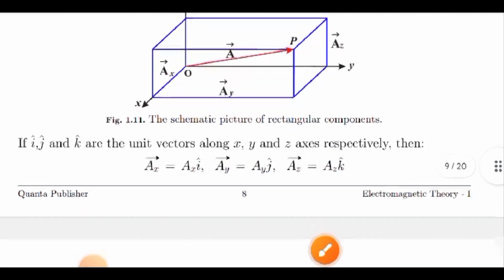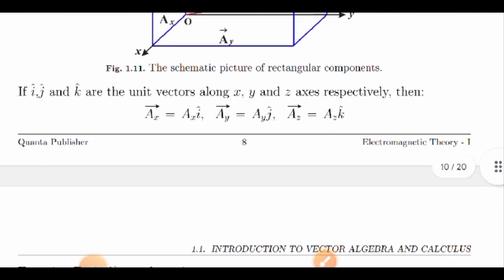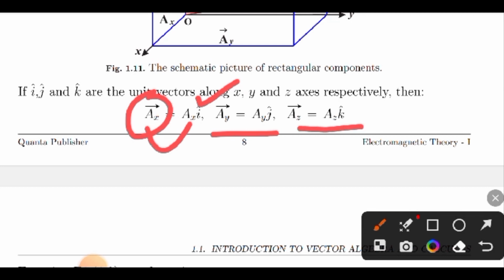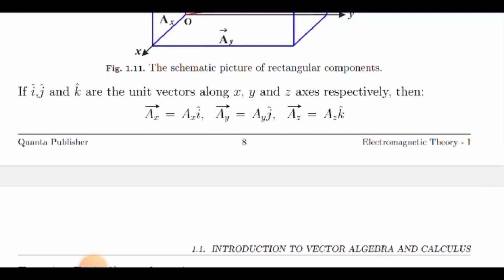Let us see over here, we can write the vector Ax with its specific unit vector, because Ax is along the direction of the x-axis. So we can write it as the magnitude of vector A in the direction of the x-axis, with the unit vector chosen as the i unit vector. Similarly, we can write Ay vector as Ay j, and Az vector can be expressed as Az and k unit vector.